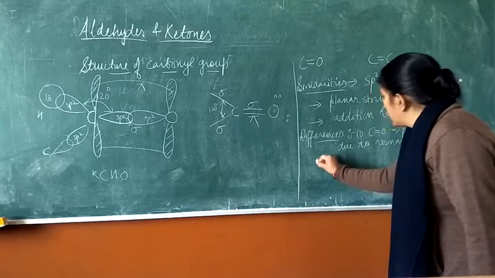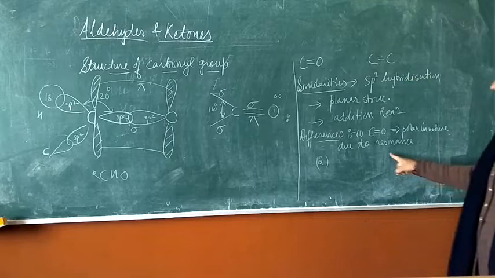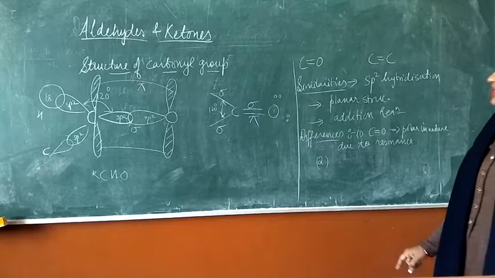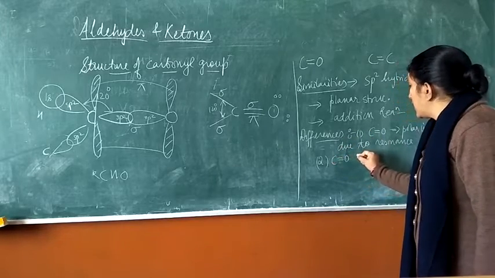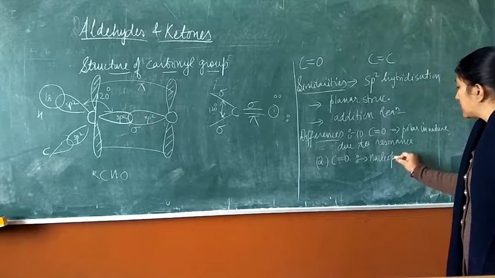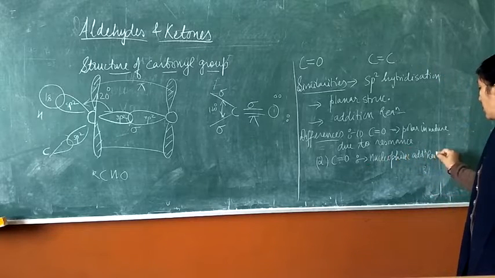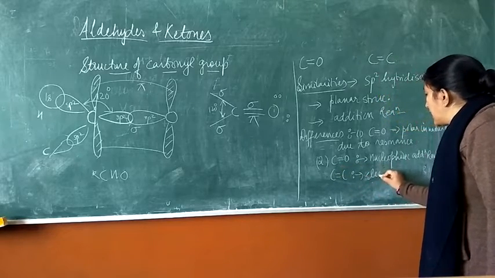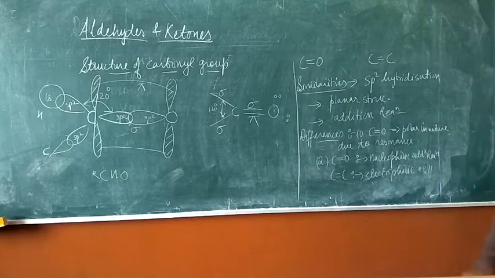Second is, what, students, is going to be the second difference? Second is the addition reaction. Definitely both of them show the addition reaction, but the carbonyl C double bond O shows nucleophilic addition reaction, whereas C double bond C shows electrophilic addition reaction, right?